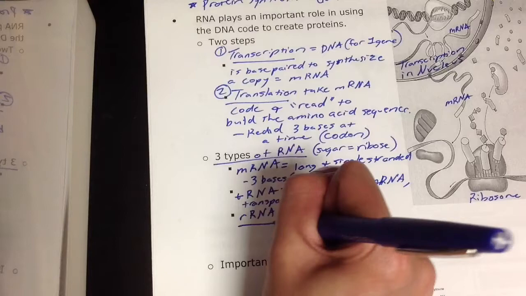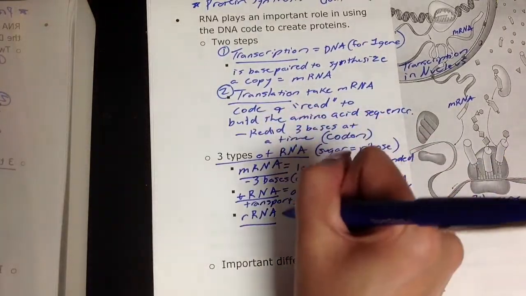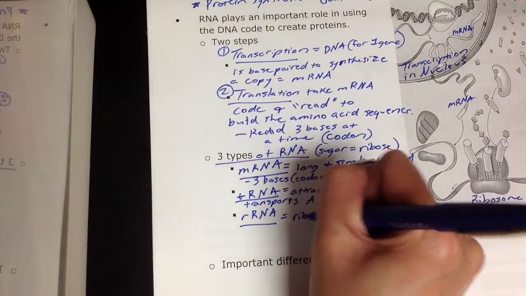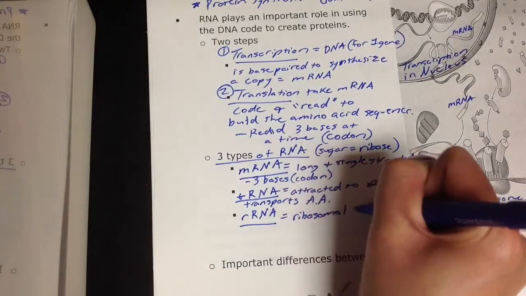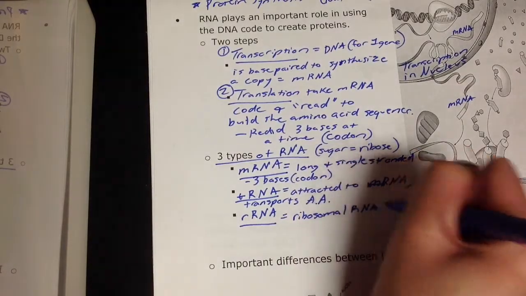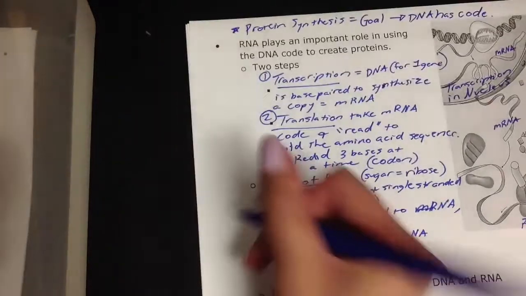And then you have rRNA, which is known as ribosomal RNA. This is transfer RNA.